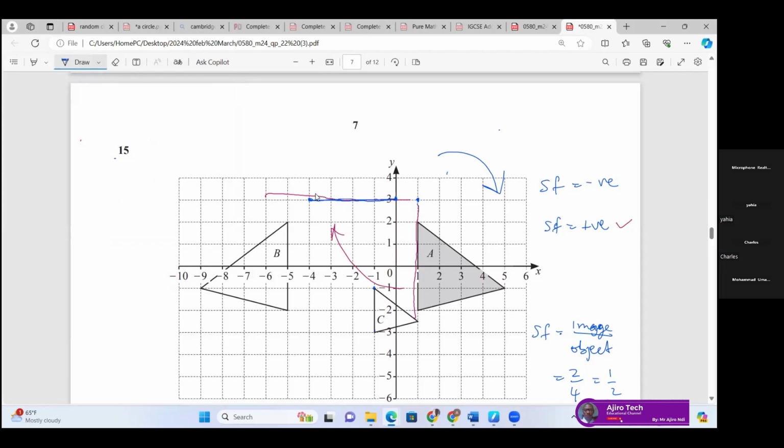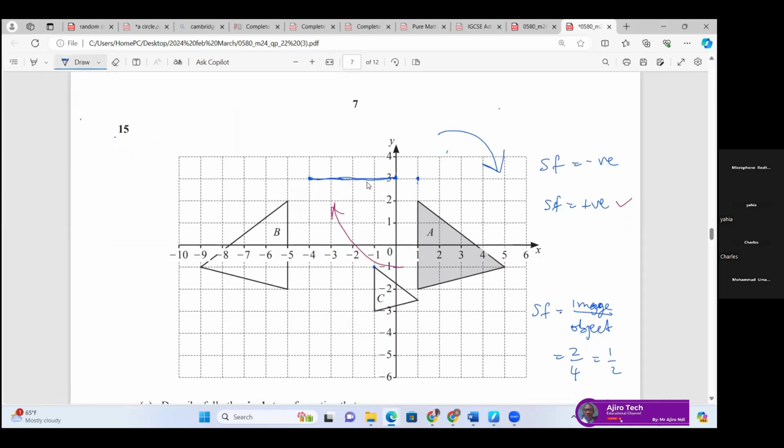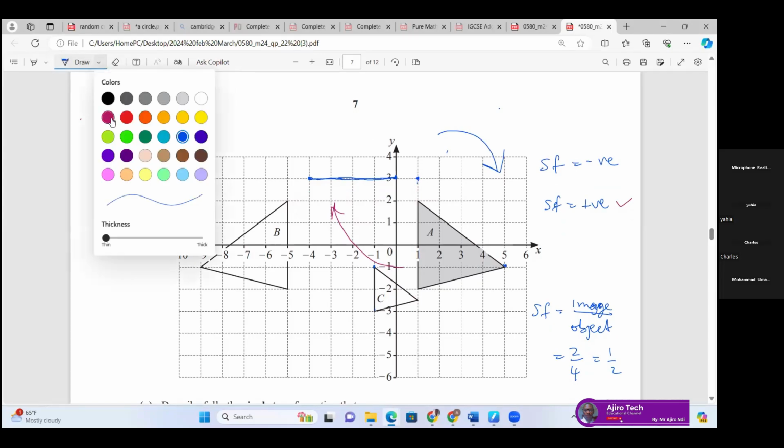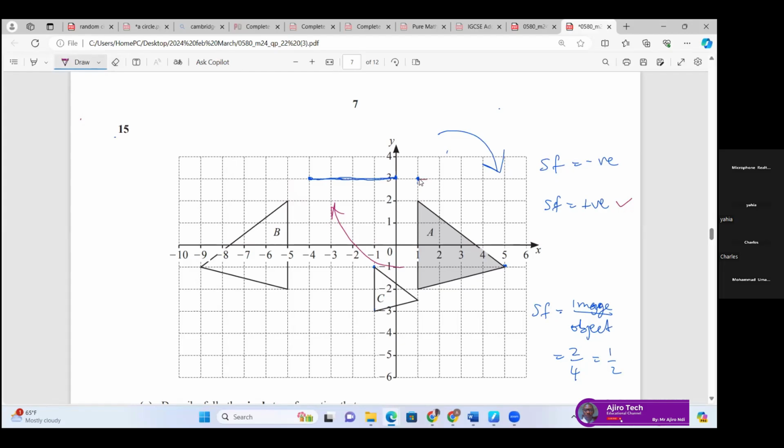So now, let's look for another line. Now, let's look for these points. If you look at this line going this way, this line coming this way, we eventually come this way down, isn't it?